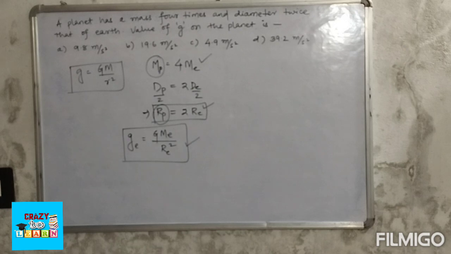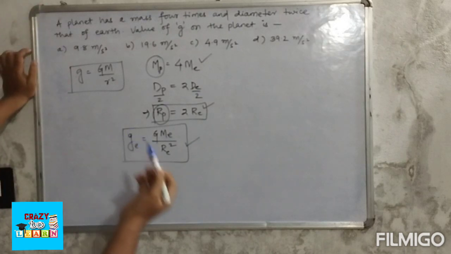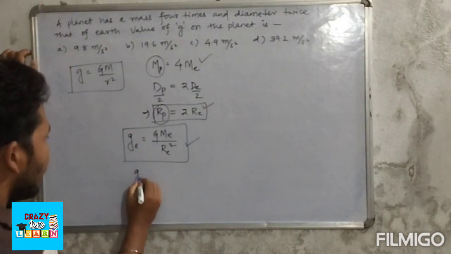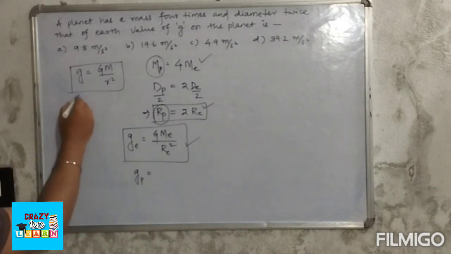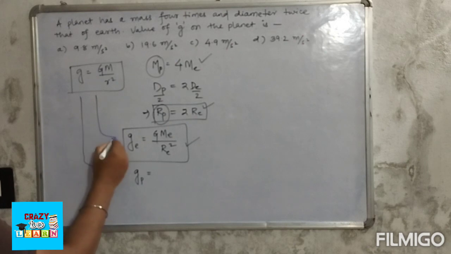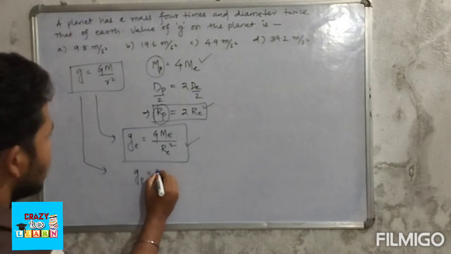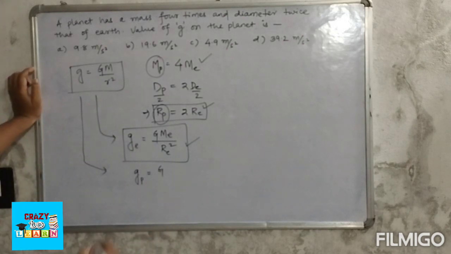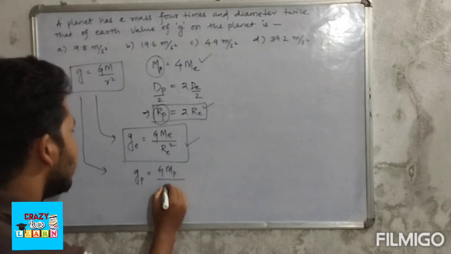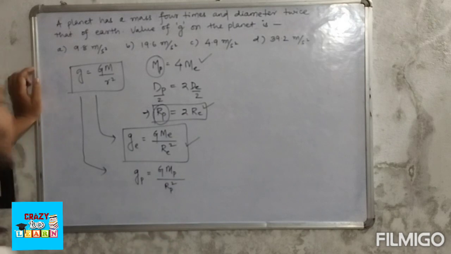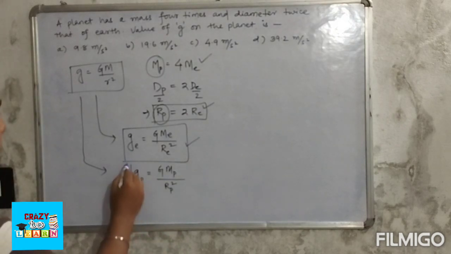Now we will find the acceleration due to gravity of the other planet. Small g P is equal to, just put according to this formula, the universal gravitational constant capital G, times the mass of the other planet, divided by the square of the radius of the other planet.